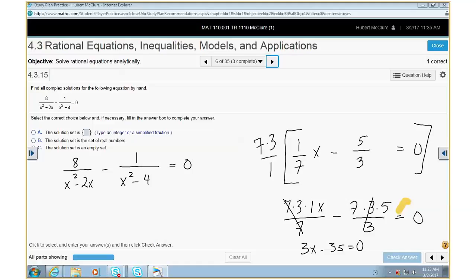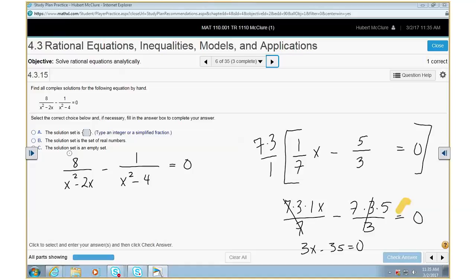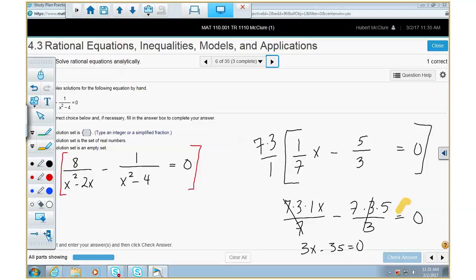What do these two have in common? Nothing. So what do you multiply by? X squared minus 2x. You could factor out an x right here, yes. And you could factor x plus 2, x minus 2, and you could do it that way. That's fine. But sometimes it's easier just to multiply through.